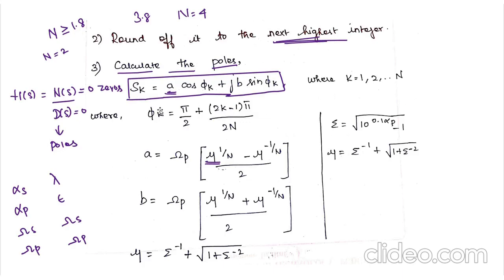Now in step 3 we will be calculating the values. For each value of k we will calculate the s value, that is when k is equal to 1 we get s1, when k is equal to 2 we get s2, and when k is equal to 3 we get s3. So now we have got all these, right?